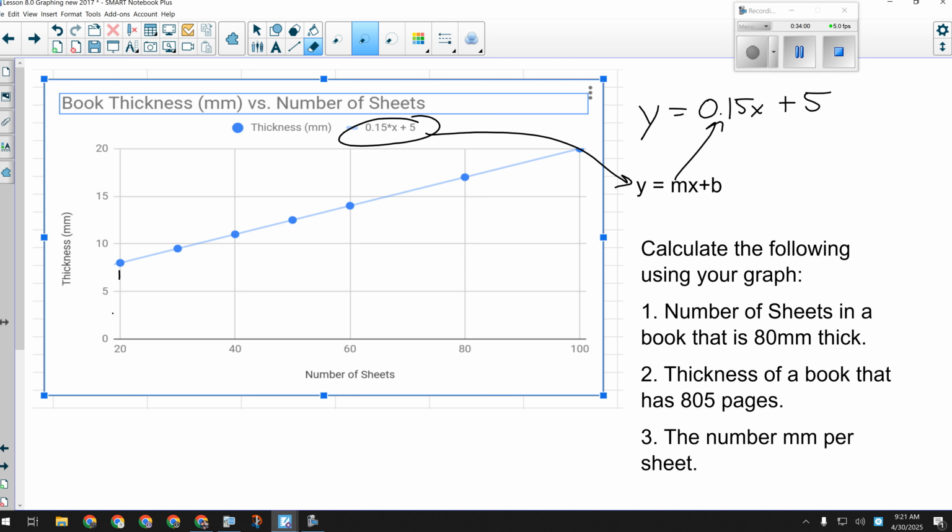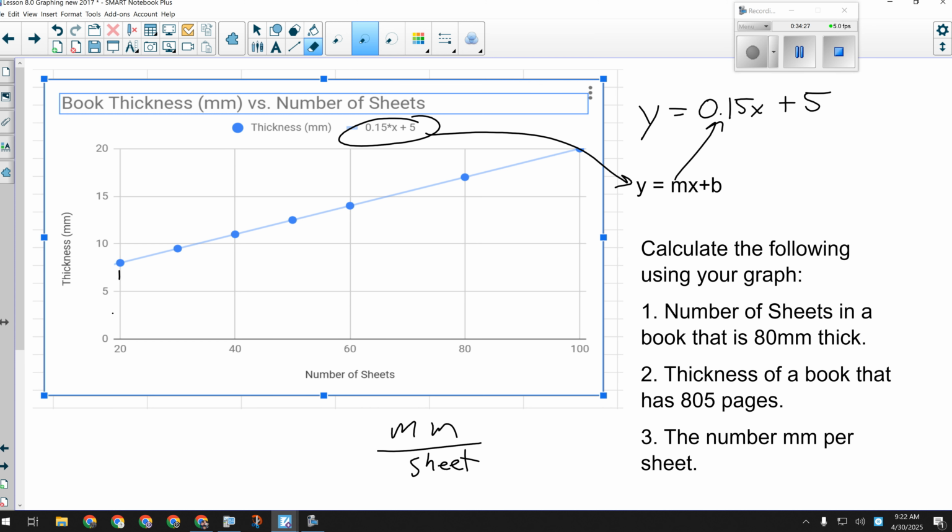What did I do here to figure out what it represented? I looked at the units for thickness, and I looked at my units here. I know that the slope is how much this goes up over this: millimeters over sheets. Millimeters per sheet. It tells me the thickness of one page in that book.